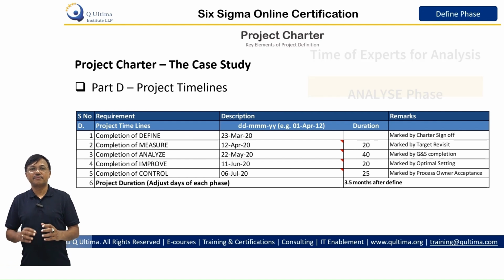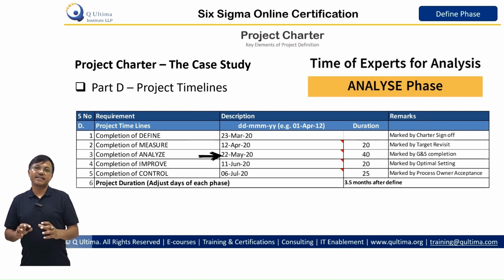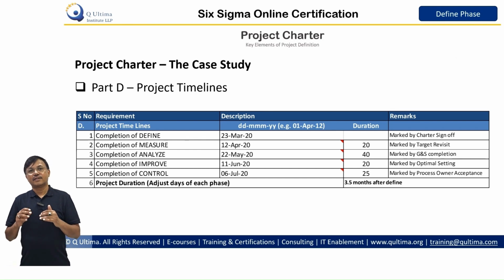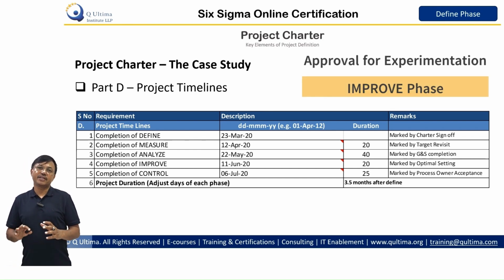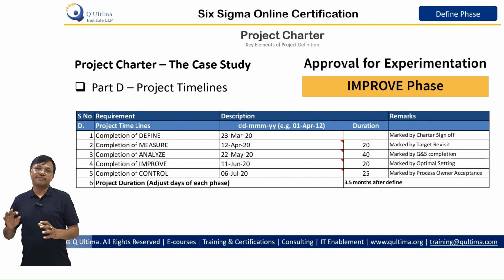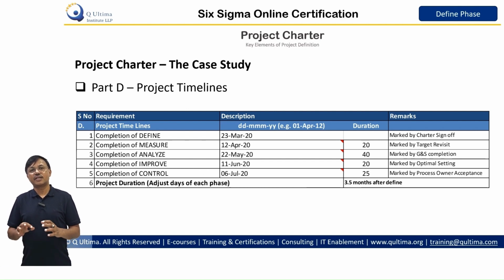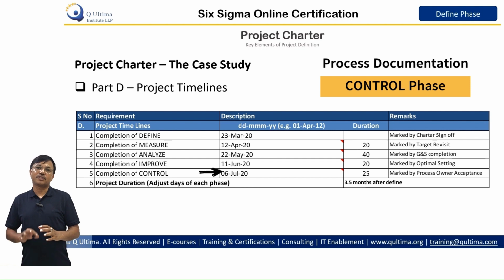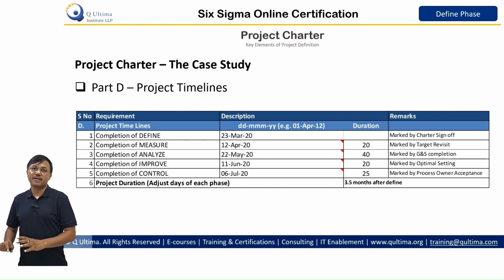The analyze phase typically takes 40 days, but it may get extended if the time of experts is not easily available for analysis of the problem. The improve phase again typically takes 20 days, but it gets extended if approvals for experimentation in the process are difficult. Then comes the control phase, which takes about 25 days, but if the process documentation is weak, it may further get extended. Typically, it takes 3.5 months, which this team has anticipated and is moving forward with the project.